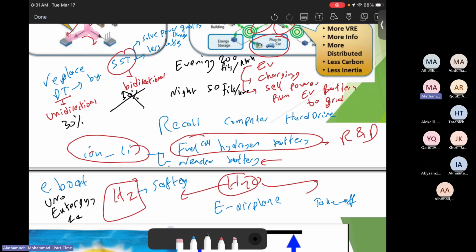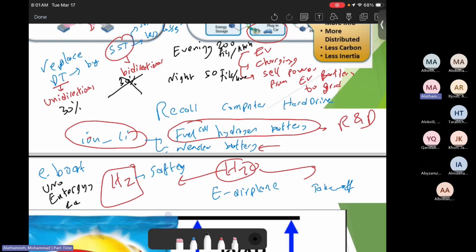So that's why there's a concept called the hybrid airplane, the same as hybrid vehicles. It can work during takeoff with fuel, and when it reaches a certain elevation, it will start to work on electricity, like an electrical airplane.